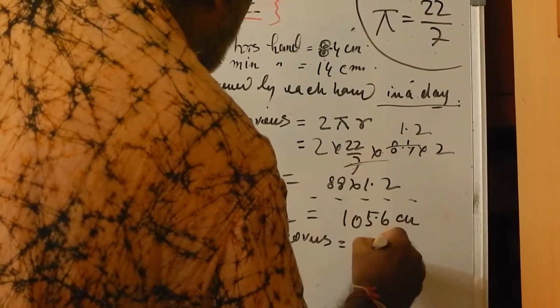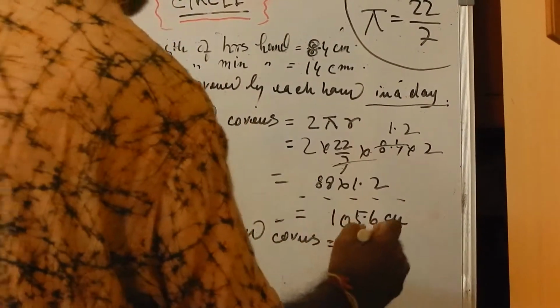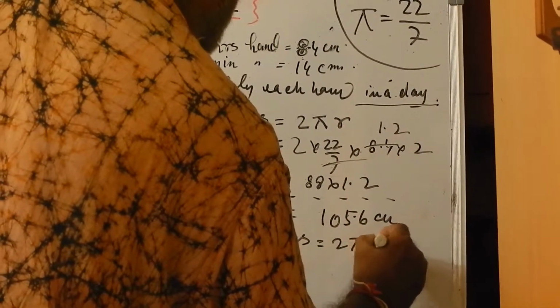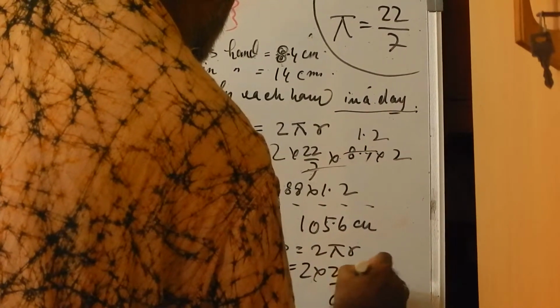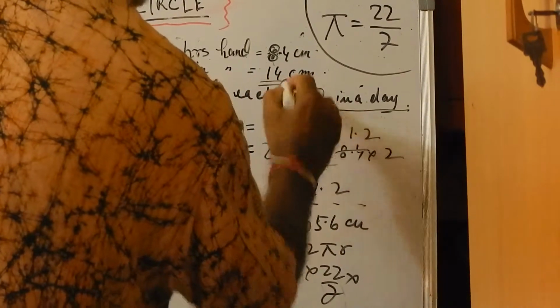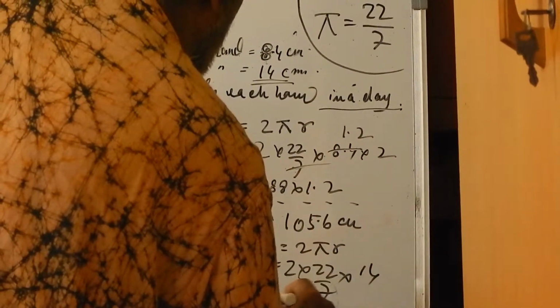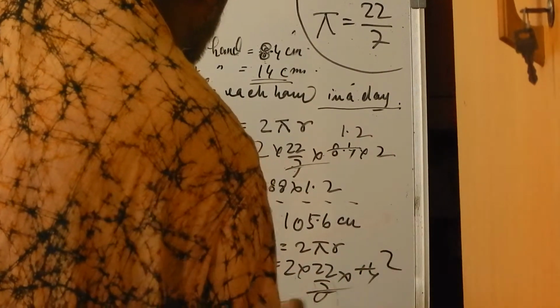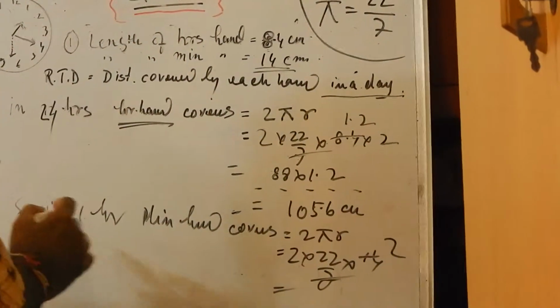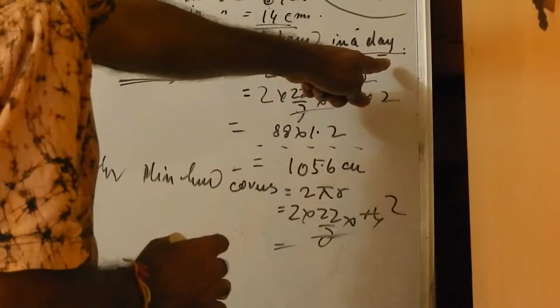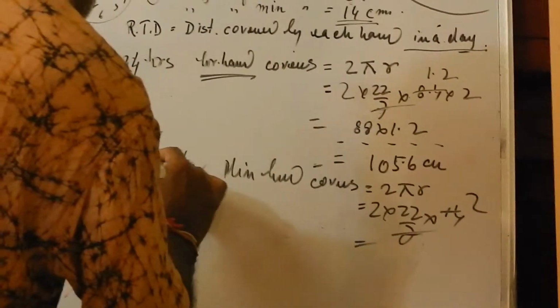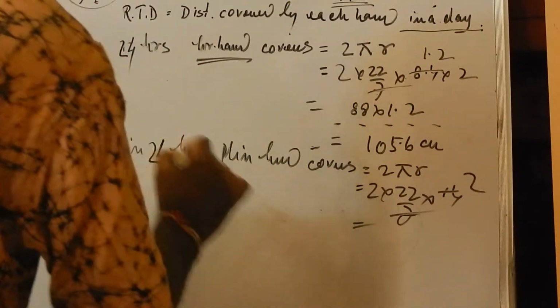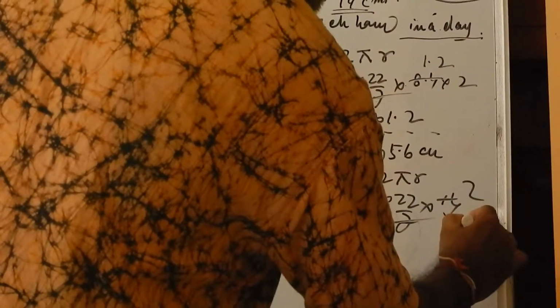So in 1 hour, the minute hand covers again 2 pi r. For this case, its length is 14. Another thing we are required to find out is in a day; in 1 hour it covers such distance, so in 24 hours just multiply by 24 also.